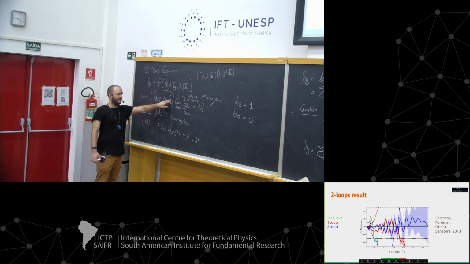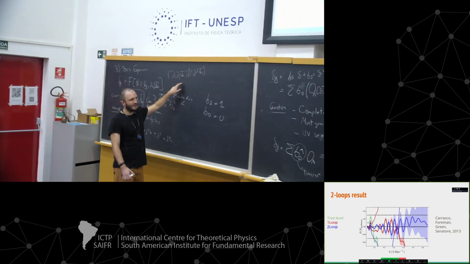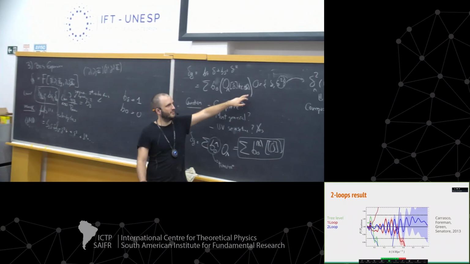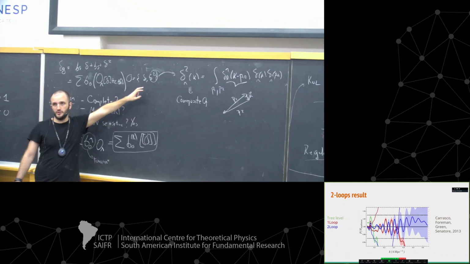So the same matter field delta can be the same for two different delta G's. Yeah, that's true. But then the bias operators are going to have to be different, right? To be clear, each one of the operators you write down in the bias expansion, like the O's you assume here, has to be orthogonal to each other.